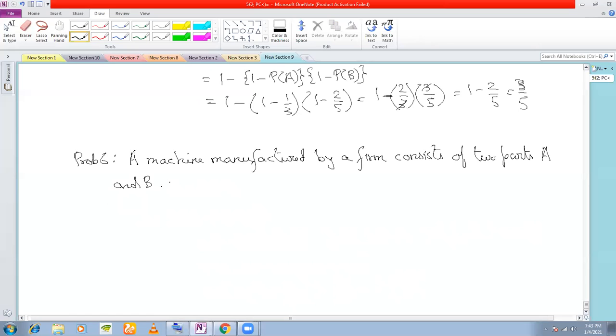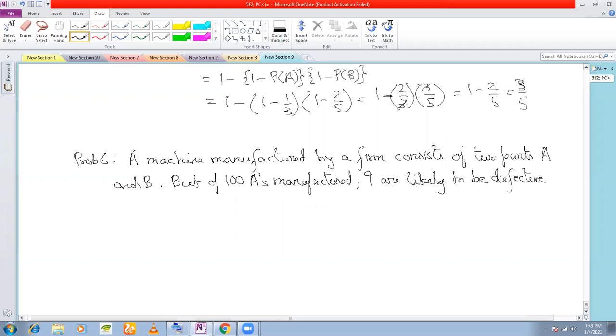Out of 100 A's manufactured, 9 are likely to be defective.